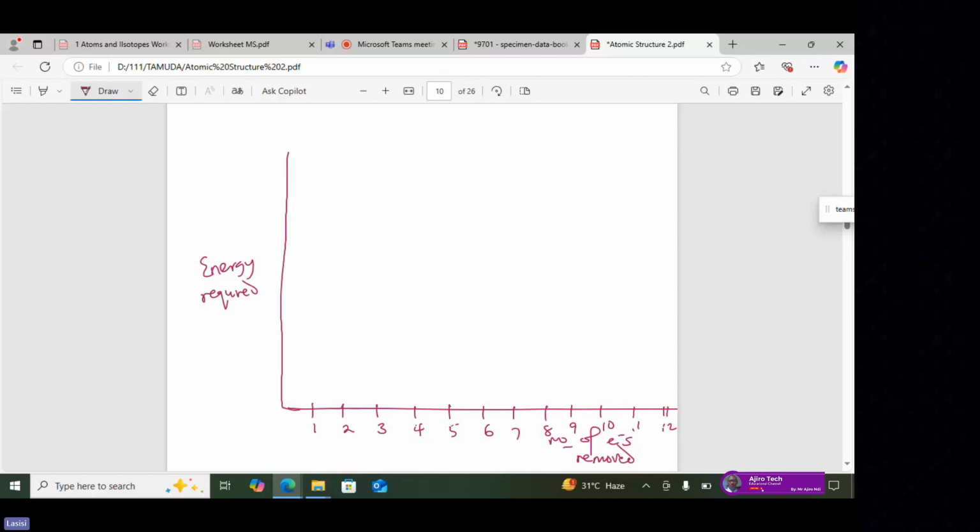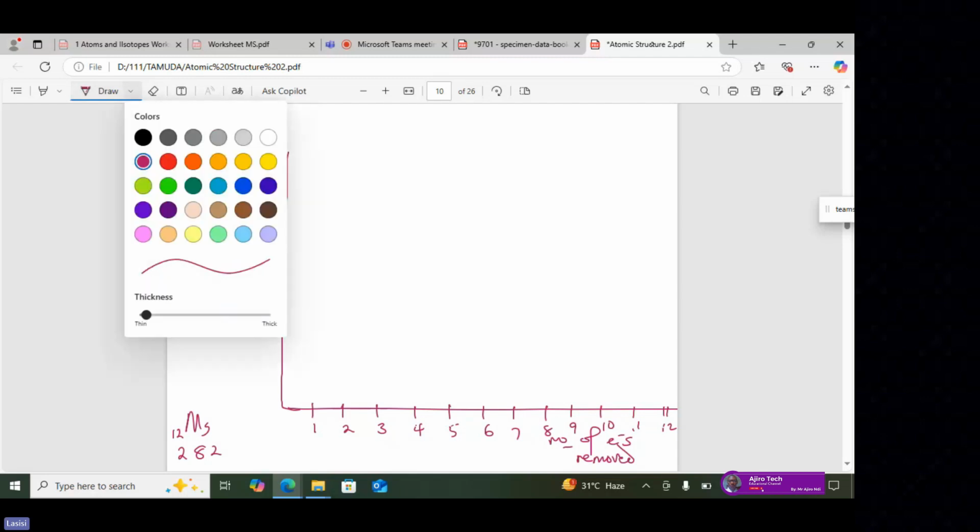This is for magnesium. The first one, how many electrons does it have? Magnesium is 12, right? It is 2, 8, 2. Yes. 2 outer electrons, 8 middle electrons, 2 inner electrons. Do you agree?